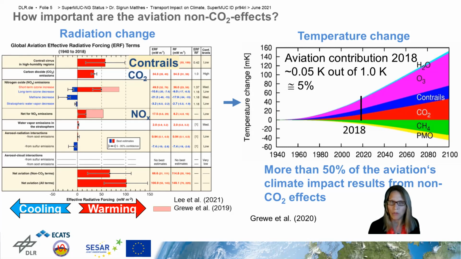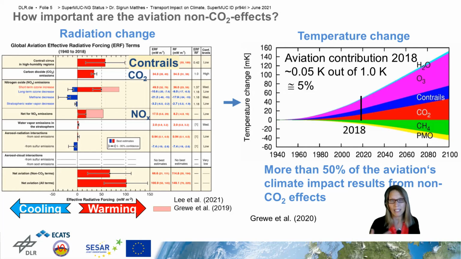If we take a look at the overall impact of the non-CO2 and the CO2, in fact, you see that non-CO2 effects amount to about half, 50%, of the aviation total climate impact. This is a radiative imbalance, which means a radiative forcing, which is in watts per square meter.